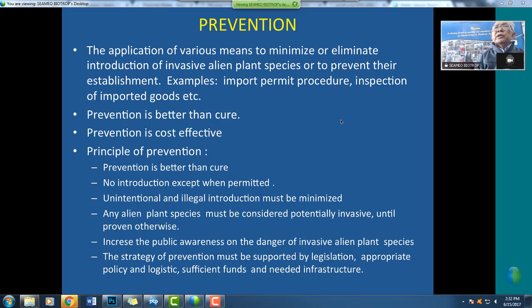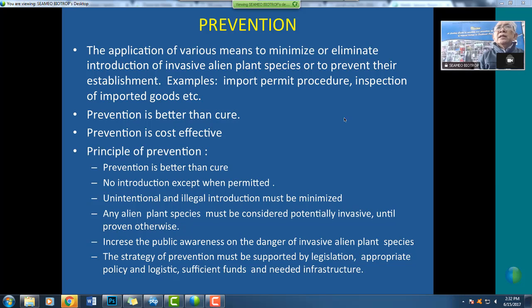This is very important because unintentional, we do not know when or who is bringing it, when it is coming, and how or by what means, and that is why it is very difficult. Any alien plant species must be considered potentially invasive until proven otherwise, and increase the public awareness of the danger of invasive alien plant species. This again is very important.